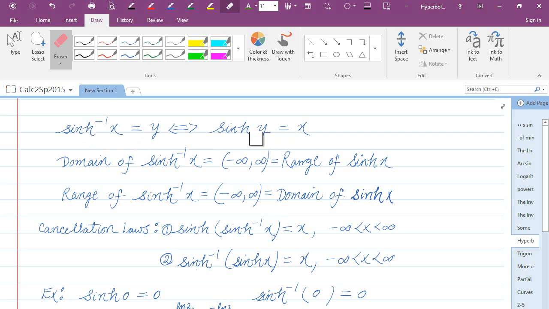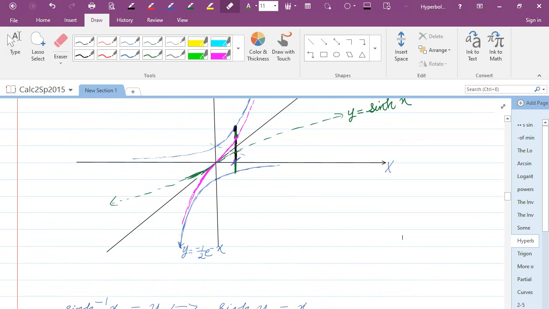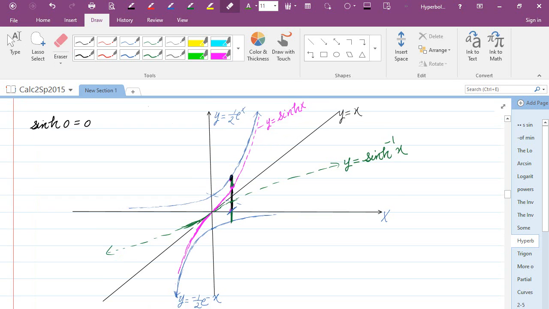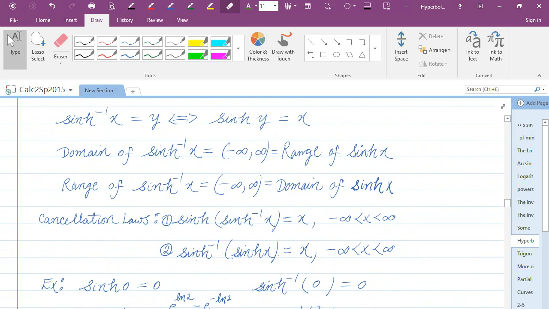Let's recall from the graph here that the domain and the range of the hyperbolic sine of x is the set of all real numbers. So the domain and the range of the hyperbolic sine inverse of x is also the set of all real numbers.